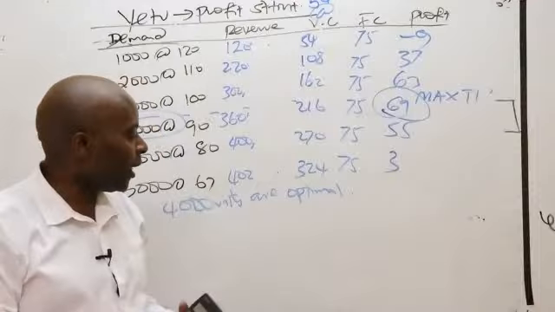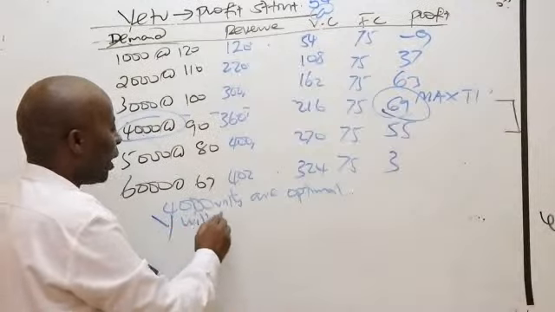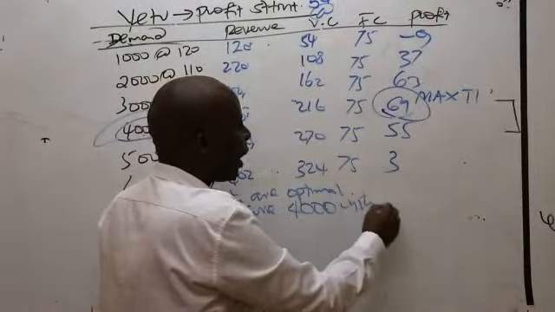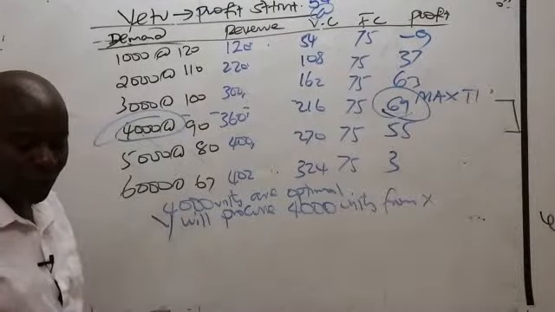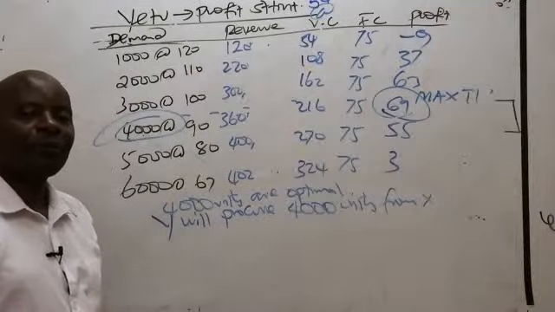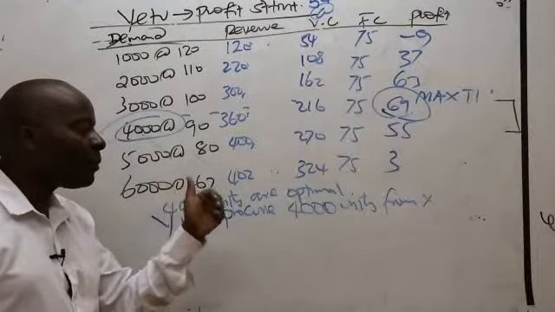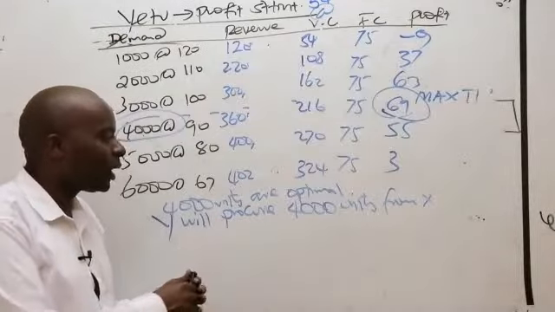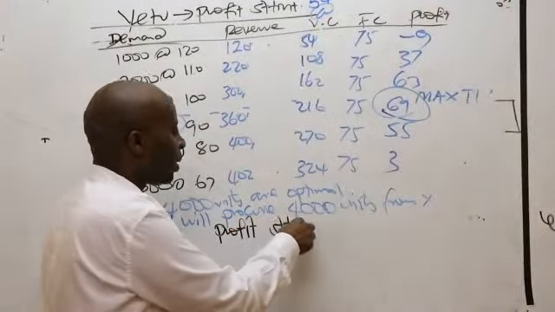So it means that Y will procure 4,000 units from X. And if that is the case, come and do a very small profit statement for X regarding these 4,000 units.